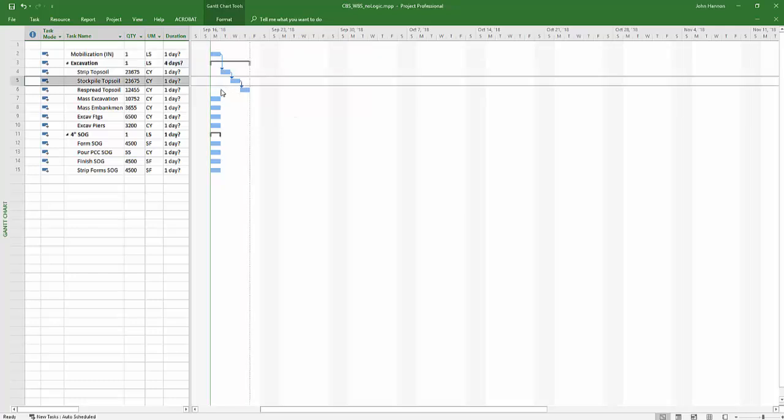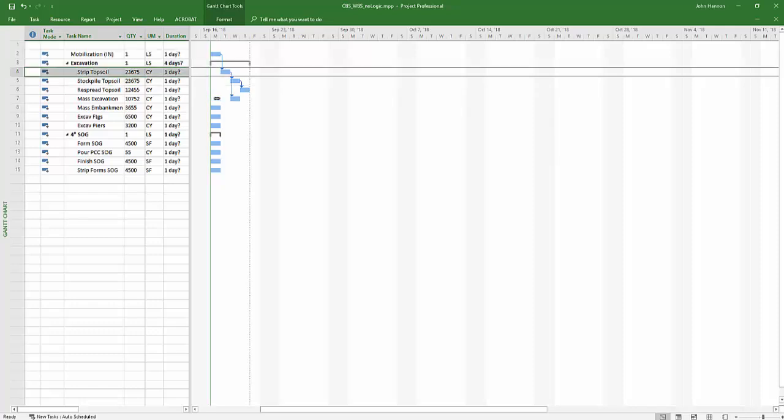So this is called putting in schedule logic. And I don't want to get too far into it, but I want you to see here's the first instance where you can use the cost breakdown structure for something other than the estimate.